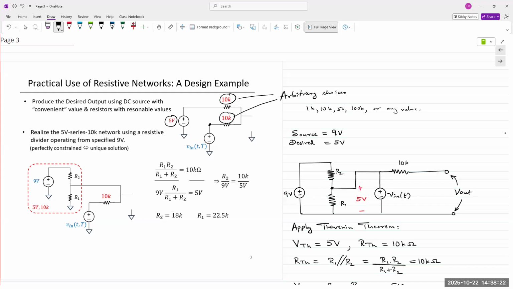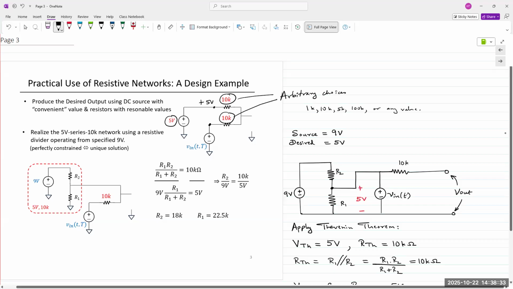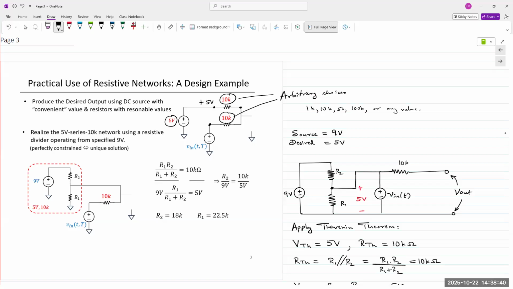So if we have plus 5 volts here, we are applying a source of plus 5 volts on the left at the top resistor right here. So the left end of the resistor is always at plus 5 volts. The right end of this resistor is where it's going to fluctuate. It's going from -5, to 0, to plus 5, back to 0 and -5.